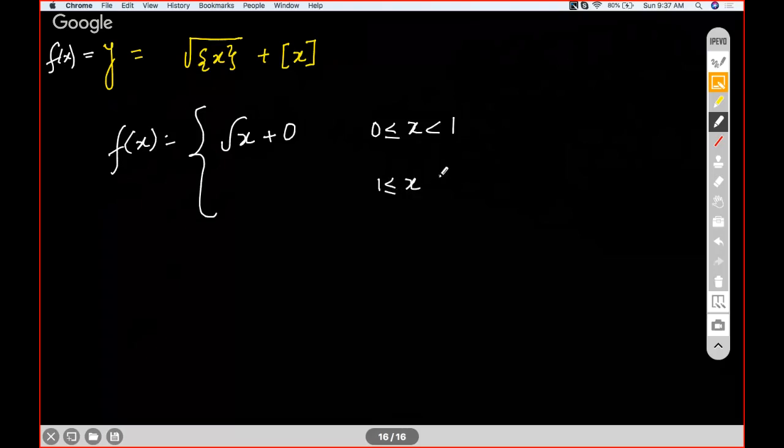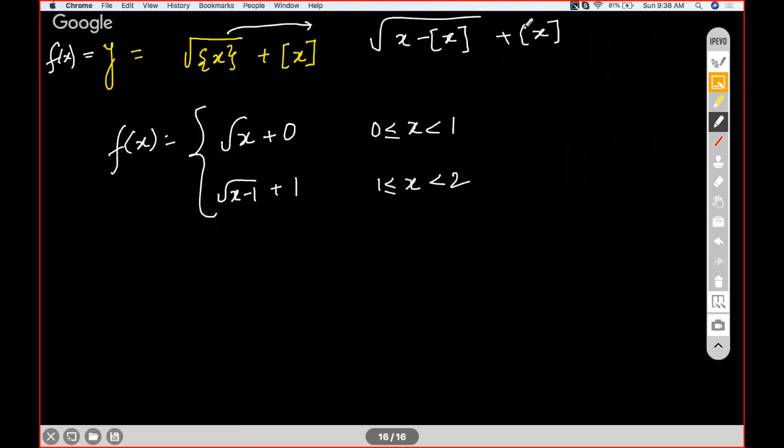Now what will happen when you are between 1 to 2? Basically it becomes root of x minus 1, plus 1. Correct, because this thing is as good as saying root of x minus floor x, plus x. Between 1 and 2, x will remain x, and the floor x function will become 1. So root of x minus 1 plus 1.